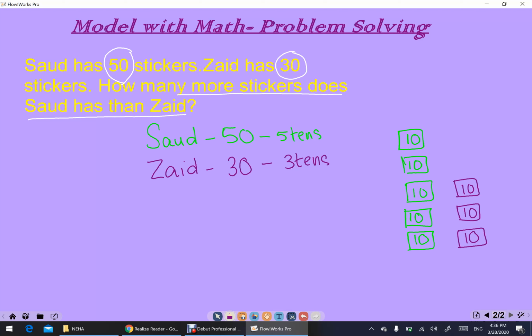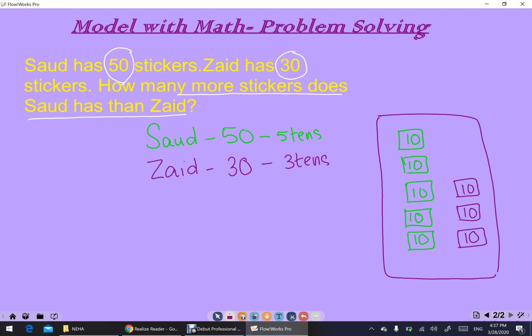Right? Now when you see my drawings over here, Saud has 50, Zaid has 30. So how many more stickers does Saud have? How many are left over here for Zaid?